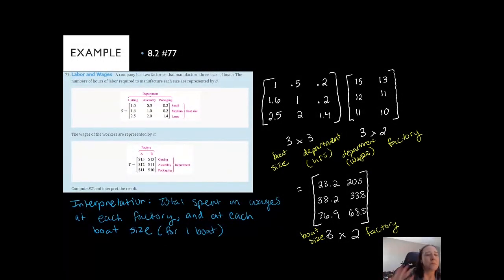We don't know how many boats each factory is making, but if we had a 3x2, we would need a 2x1, maybe if you wanted the total, or a 2x3, so that you can have rows for each factory and then how many of each type of boat they're making. So you'd have a 2x3, and then that would give you, for each boat size, the total based off of making that many boats. So you can keep using matrix multiplication to kind of get what you want.